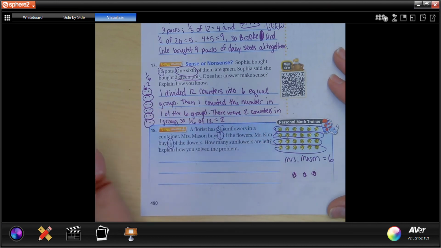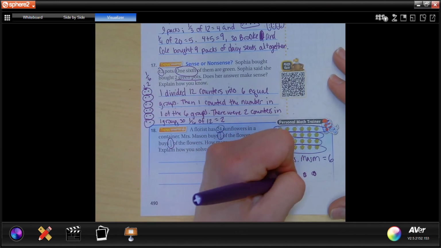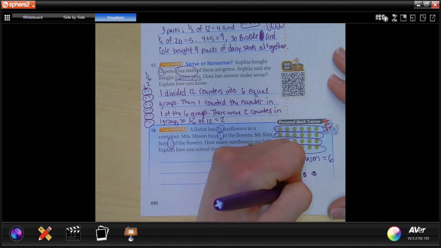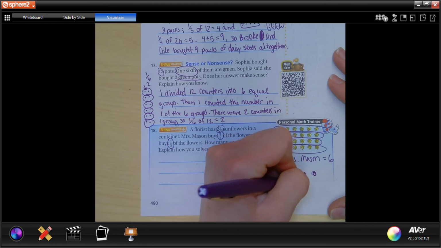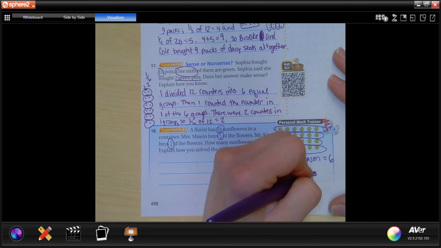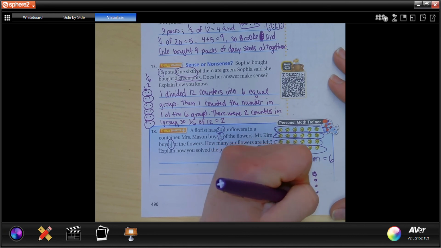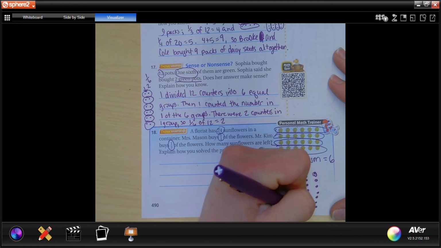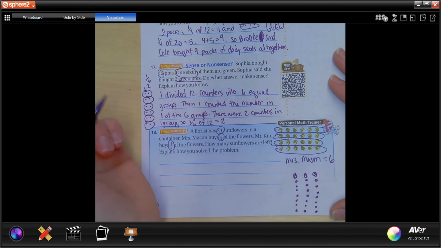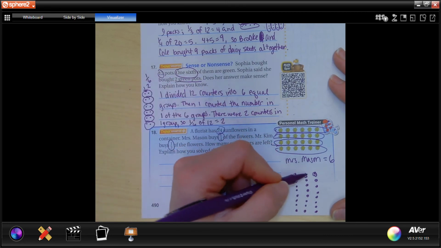Okay, so then there's 24. 1, 2, 3, 4, 5, 6, 7, 8, 9, 10, 11, 12, 13, 14, 15, 16, 17, 18, 19, 20, 21, 22, 23, 24 flowers. Okay, into 3 equal groups.